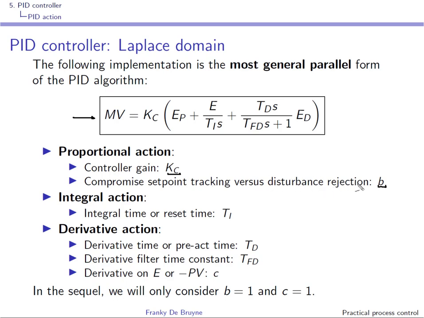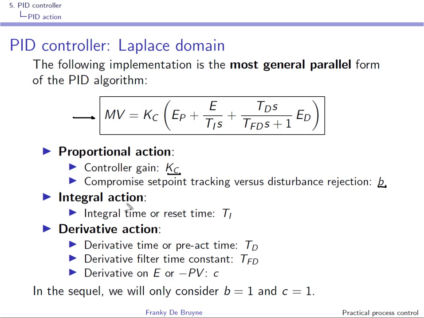For disturbance rejection, we want to tune the controller aggressively, and if you then have a set point change, this is going to cause problems because of the proportional kick, right? And this proportional kick is going to cause oscillation and overshoot. By reducing the proportional kick using this parameter B, by taking it smaller than 1, you can find a compromise.